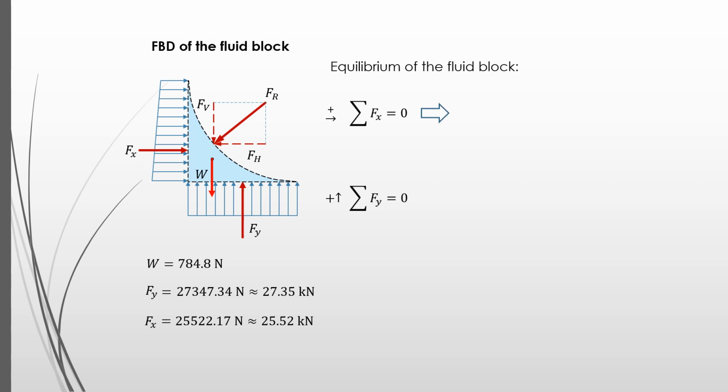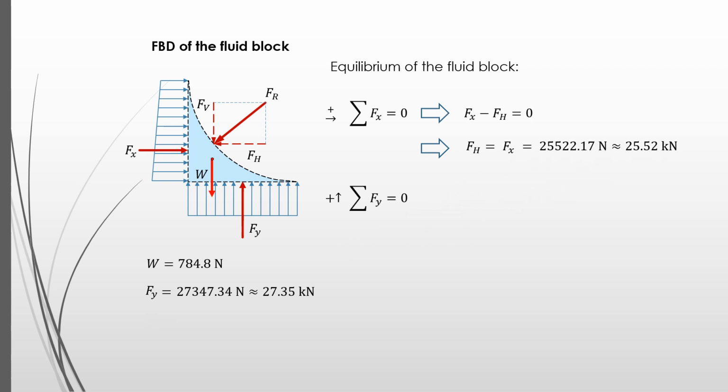In the x direction, we have Fx minus Fh equals 0. This gives Fh equals Fx, which is 25,522.17 Newton or 25.52 kilonewton.